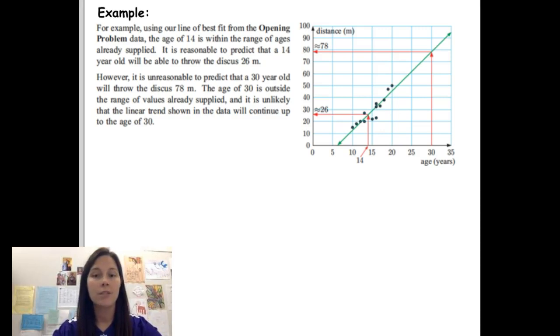And then we predicted what a 30-year-old might be able to do, which is beyond the data. So it's an estimate. It may not be very accurate because the data will likely no longer be linear beyond a certain point, because humans just can't continue to throw further and further just because they get older.